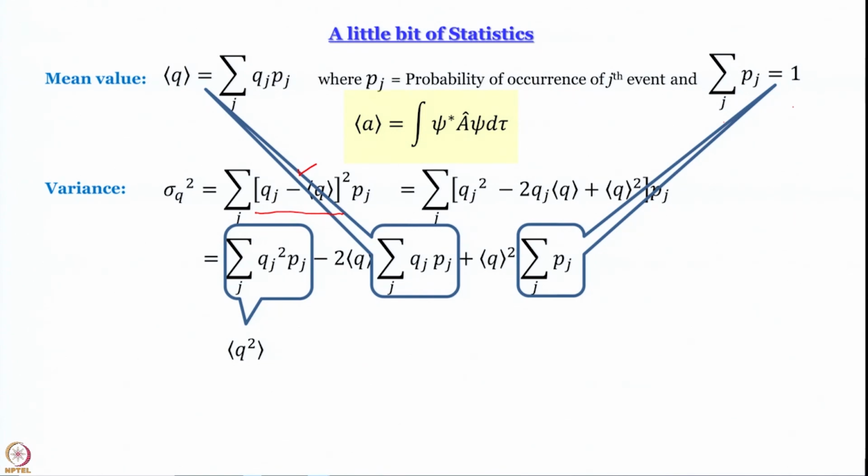So, the difference between this and this needs to be understood. What we have here is square of means, what we have here is mean of squares, they are not one and the same. It is trivial for us to work out, take any set of numbers 2, 3, 4, 5, 6, 7.